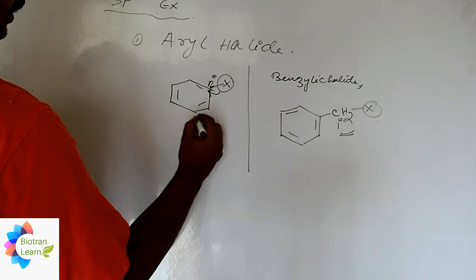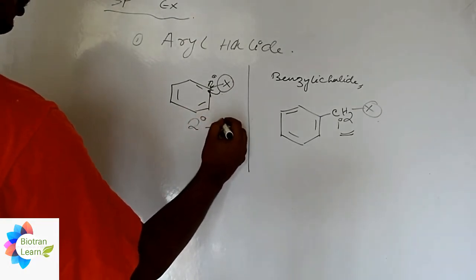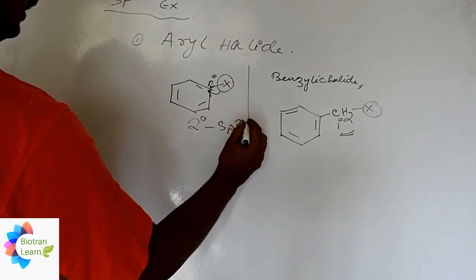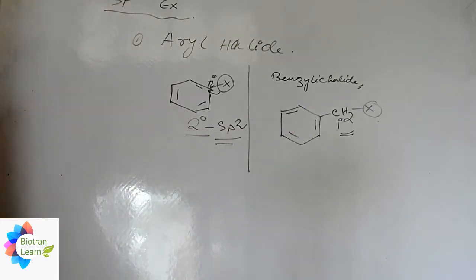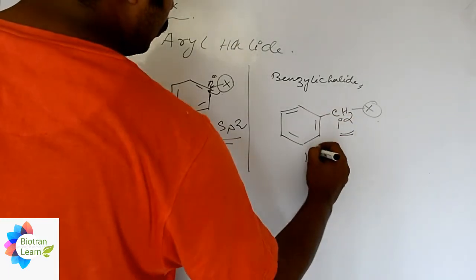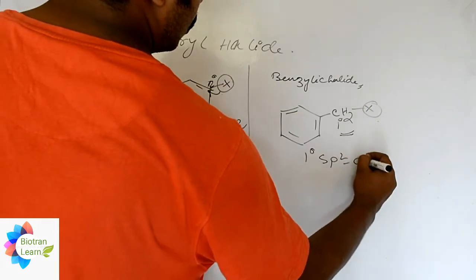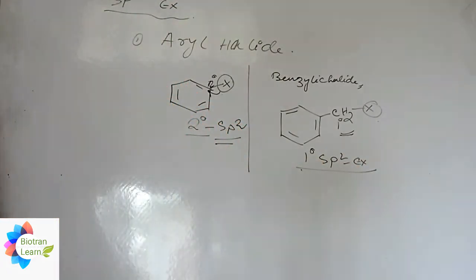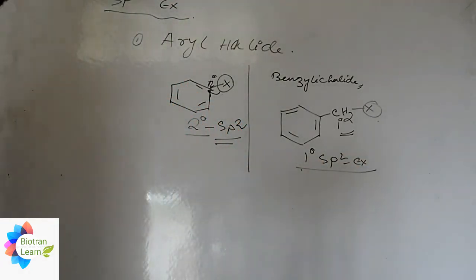But in this case, aryl halides we will get 2-degree sp2, right? sp2 hybridization. But in this case, this will be 1-degree sp2 C-X bond. So this was the classification.